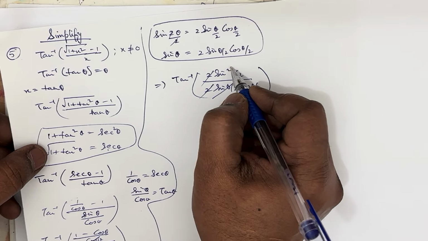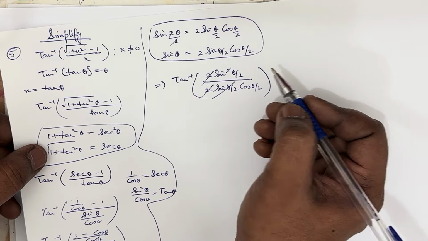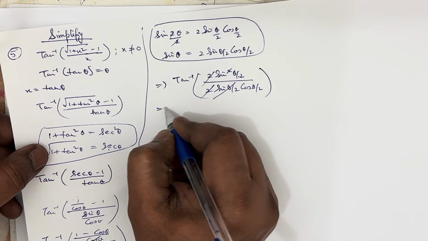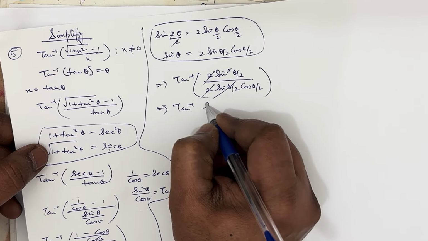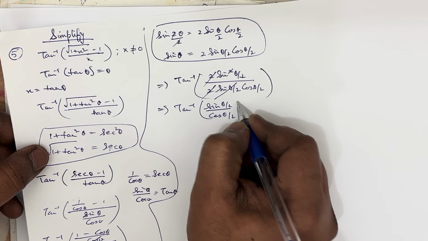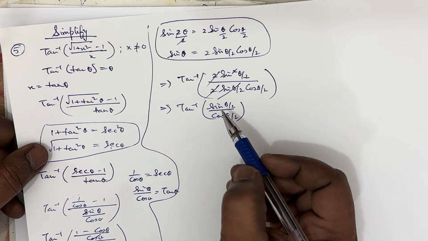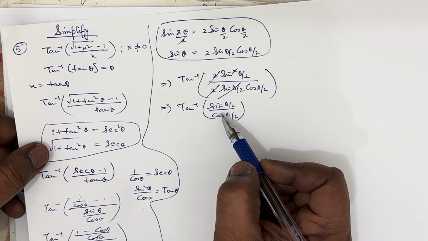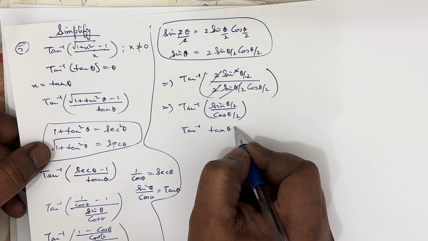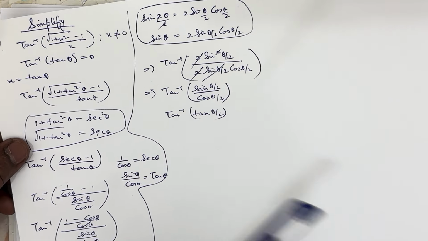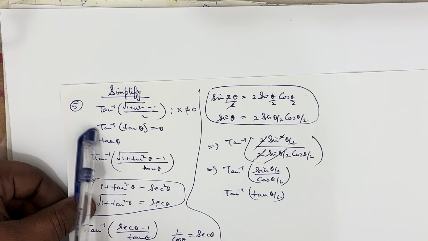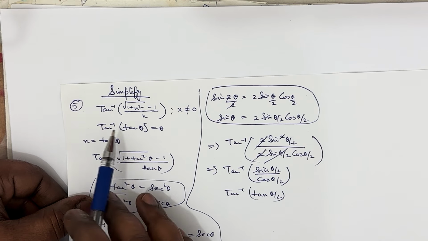One sin theta by 2 here and one sin theta by 2 here cancel out, so the remaining is sin theta by 2 and cos theta by 2. So we can write tan inverse of sin theta by 2 by cos theta by 2. And you know that sin by cos is tan, so we can write this as tan inverse of tan theta by 2.